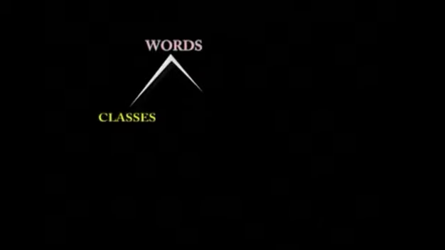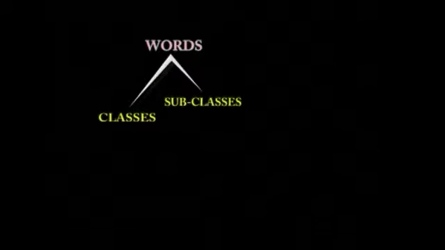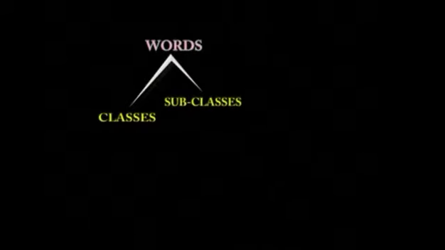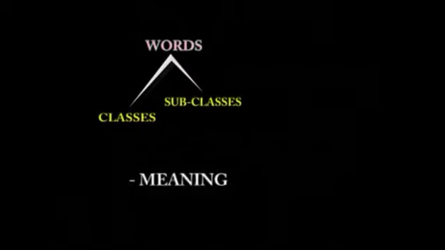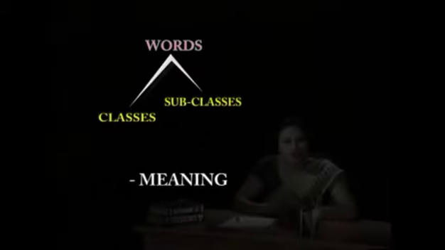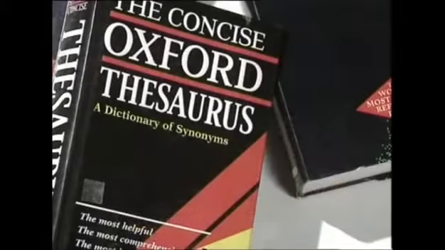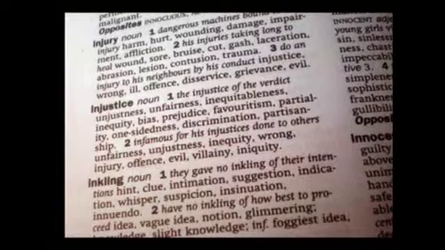A lexical taxonomy is an organization of words into classes and subclasses, not on the basis of form, but on the basis of meaning, that is, not grammatical class, but semantic classes. A thesaurus takes all the lexical items that it contains and arranges them in a single, comprehensive taxonomy.